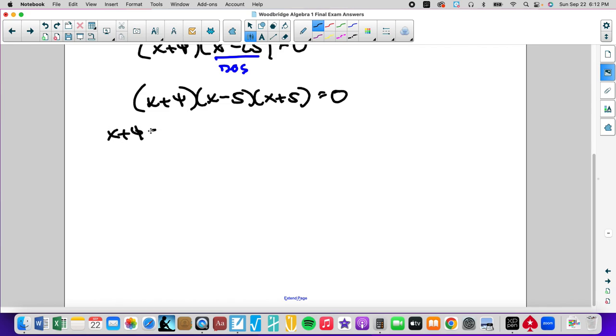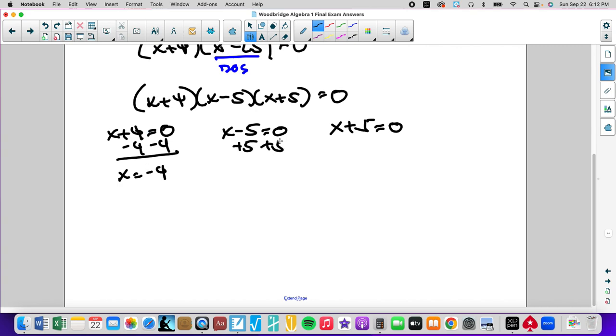Well, what value for x would make this box 0? So that's how we write that. What value for x would make this box 0? So we set each of these binomials equal to 0. We subtract. So if x is negative 4, it would make this the 0. If x is equal to 5, it would make this box 0.